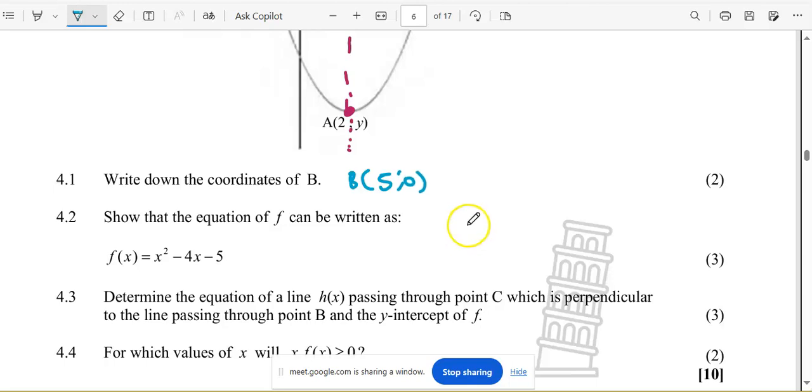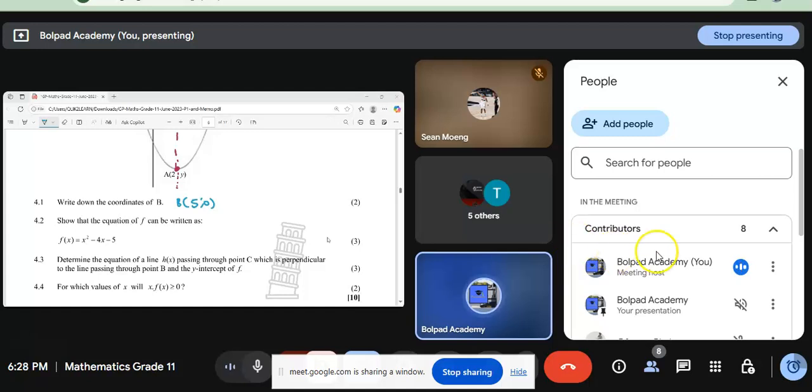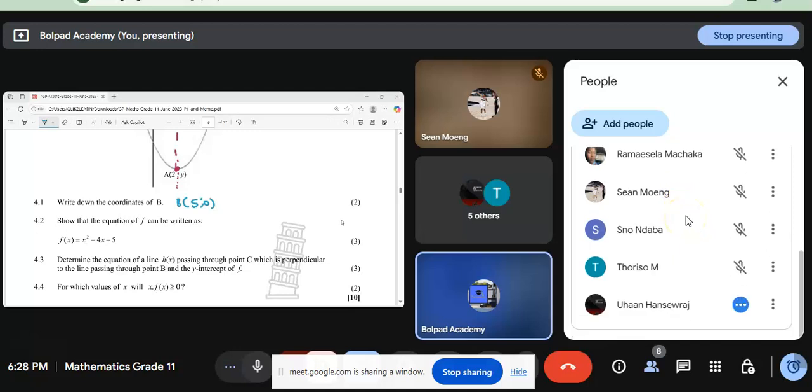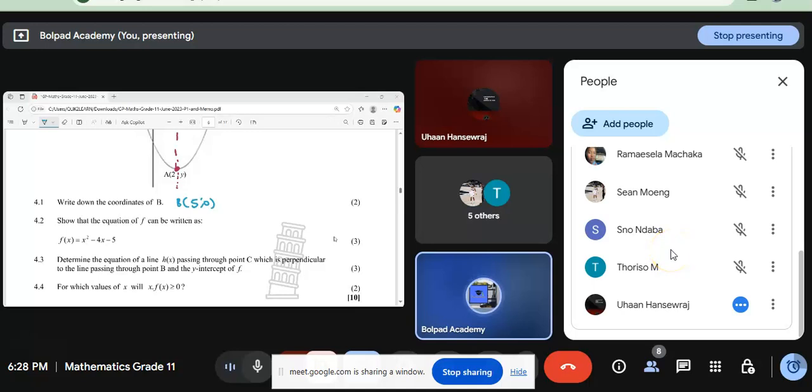But guys, I need to make sure that we are on the same page on this. Do you all understand how I got the coordinates of B? Sean, do you understand how we got the coordinates of B? Yes, sir. Okay, thank you very much for confirming that. Yuhan, do you understand? Yes, sir. Okay, thank you very much. Tori, how are you, my friend?